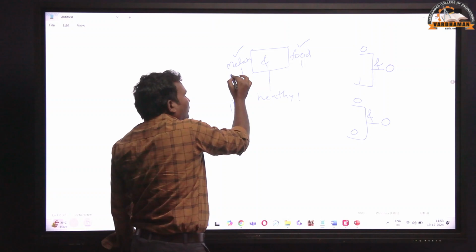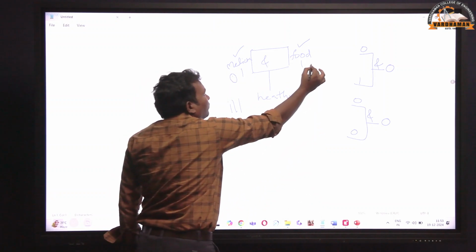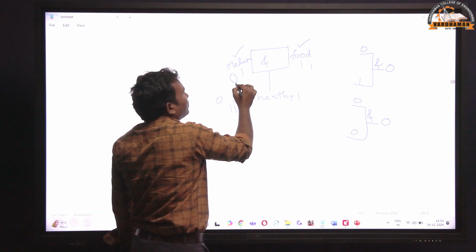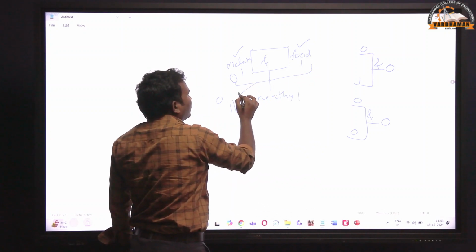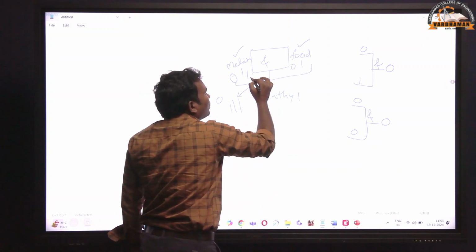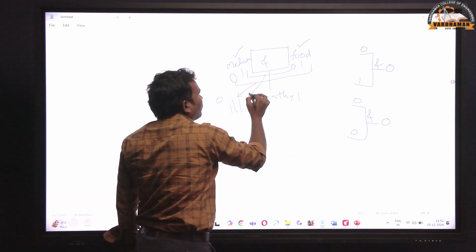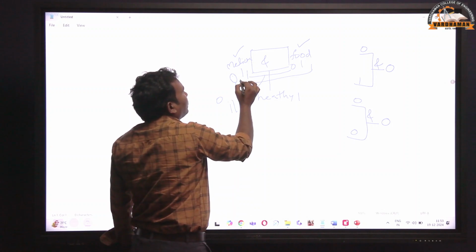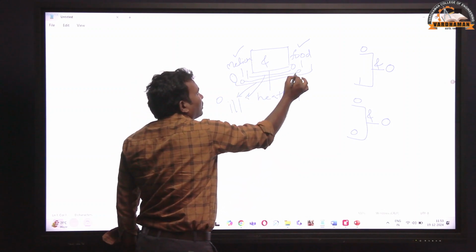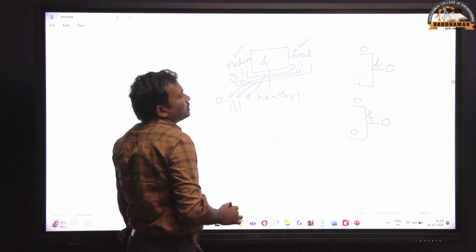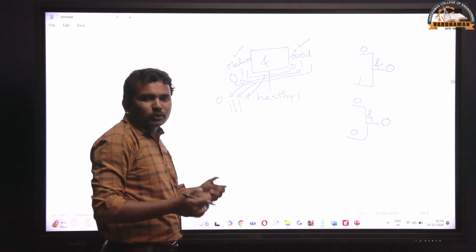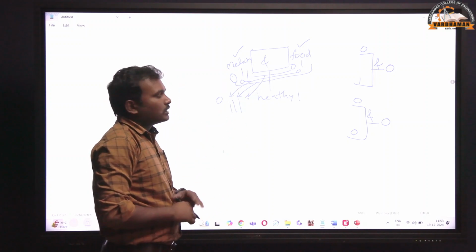Patient not taking medicine but taking food, so he will fall ill. Patient taking medicine but not taking food, then also he will fall ill. Patient neither taking medicine nor taking food, so again he will fall ill. So that is the AND operation. You need to take both of them. You need both inputs as 1, then only you will get the result as 1.